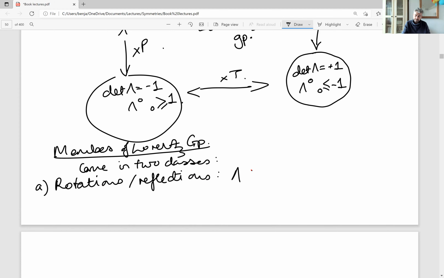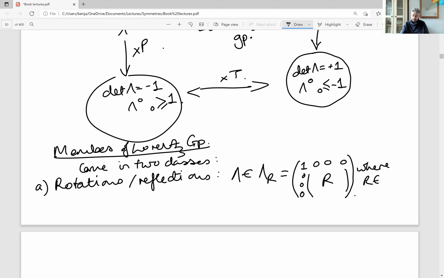And that's where lambda is of a particular form, which I'm going to call lambda sub r, where we have ones and zeros on the top row and column. But there's a 3 by 3 matrix R in the bottom right-hand block, and R is in O(3). So these ones actually form a subgroup of the original group.